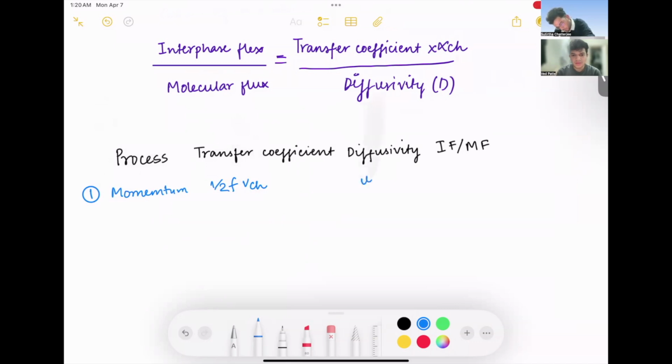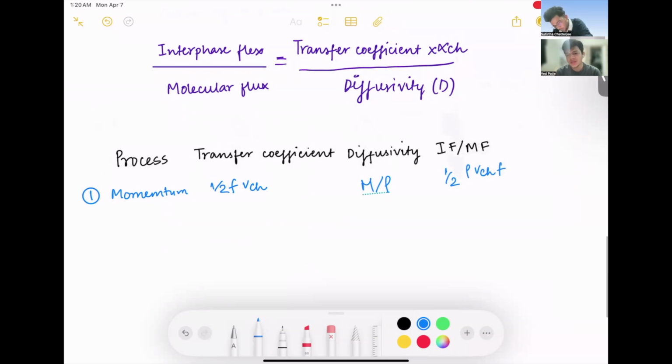Diffusivity can be written as mu upon rho, and interface flux divided by molecular flux can be written as half F rho VCH into LCH divided by mu.